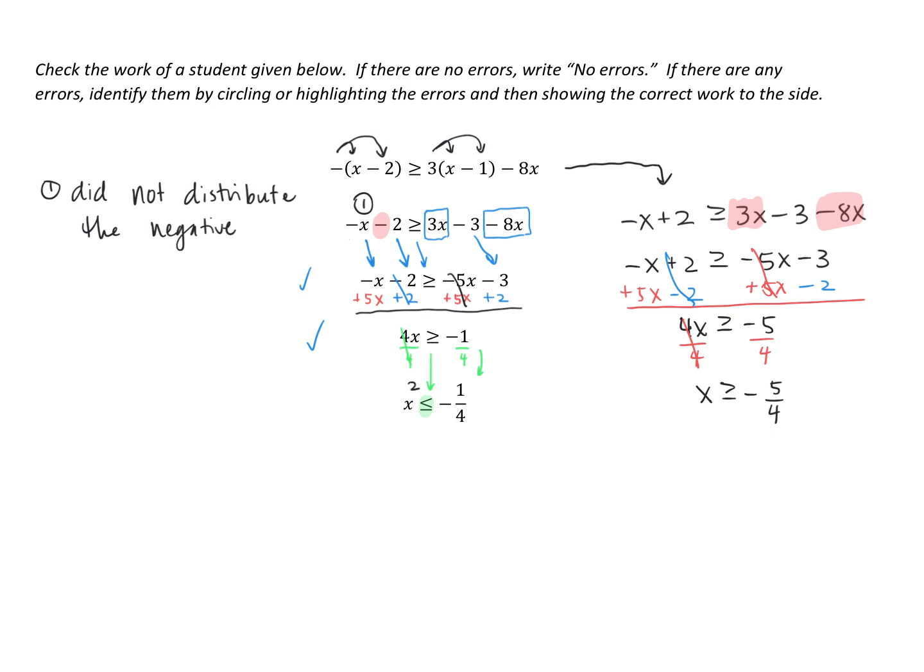And then error 2 was right here, and that was flipped an inequality symbol unnecessarily. And I might be misspelling that. If I am, I apologize. But they flipped the inequality symbol when they did not need to, because we did not divide by a negative.